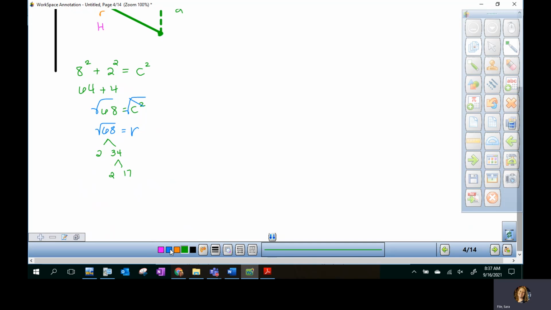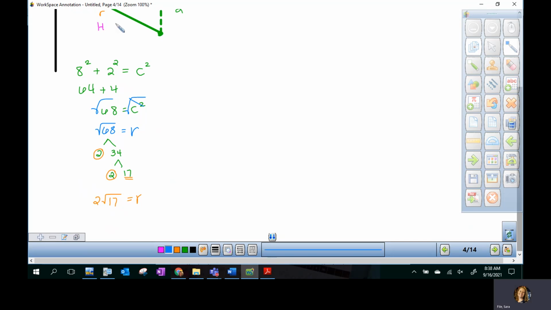Okay, so when you have your factor tree, remember you are looking for pairs of numbers. So there's a pair of 2's. Remember, 2 has a friend to play with, so he gets to come outside the radical. 17 does not have a partner to play with, so he stays inside. So that's the simplified radical.